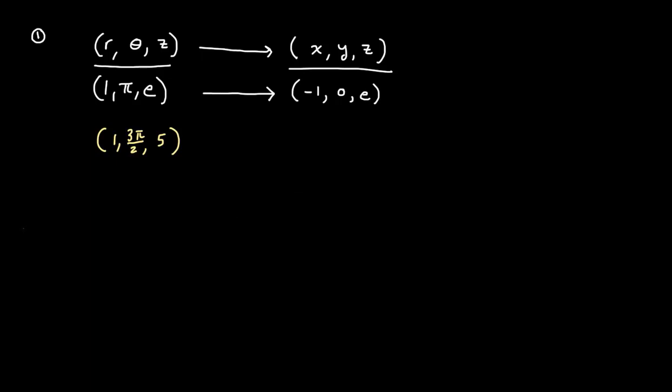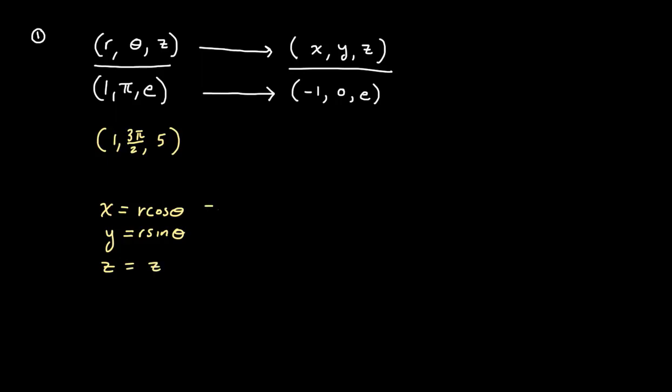The next cylindrical coordinate is 1, 3 pi over 2, 5, and we're going to convert that to rectangular. So x is going to be r cosine of theta, y is going to be r sine of theta, and z is going to equal z.